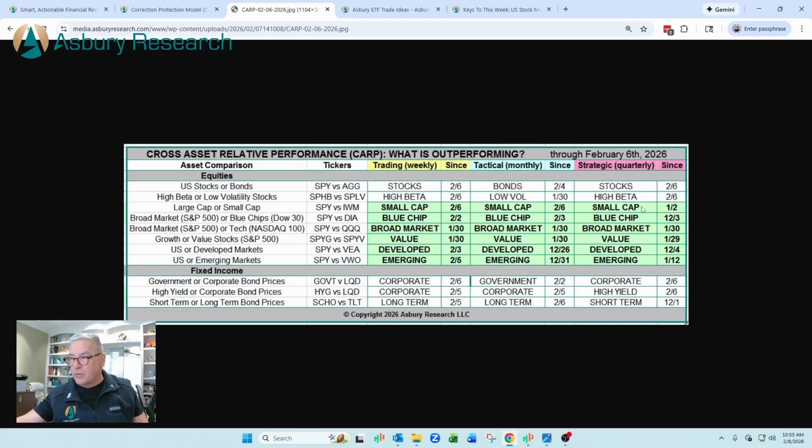You can see this in the strategic. 1-2 is January 2nd. Blue chips are outperforming the S&P 500 right now. That's typically defensive. The broad market, the S&P 500, is outperforming technology, the NASDAQ 100. That's typically defensive. Value outperforming growth.